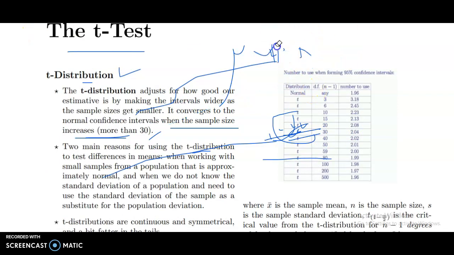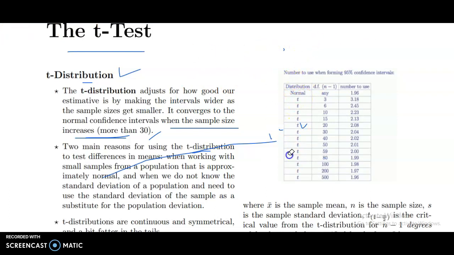That is the number to use for forming 95% confidence intervals.